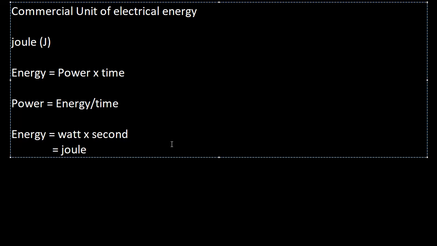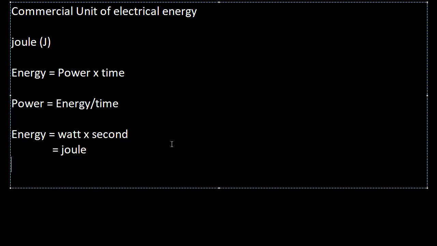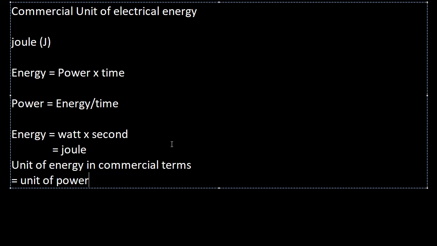However, as far as commercial unit is concerned, the units have to be taken in a different manner. So in that case, the unit of energy in commercial terms is equal to the unit of power in commercial terms multiplied by the time factor.